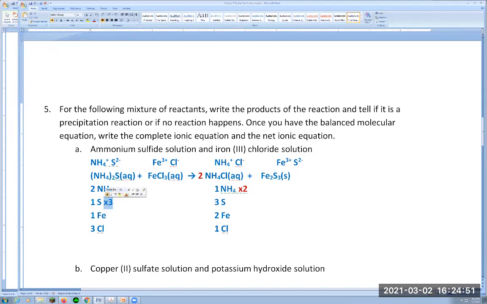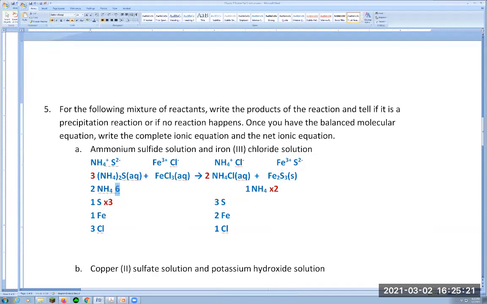So that means it will change the number of ammonium. If we have a 3 here to balance the sulfurs, now we have not anymore 2 ammoniums, but we have 2 times 3, 6 ammoniums.